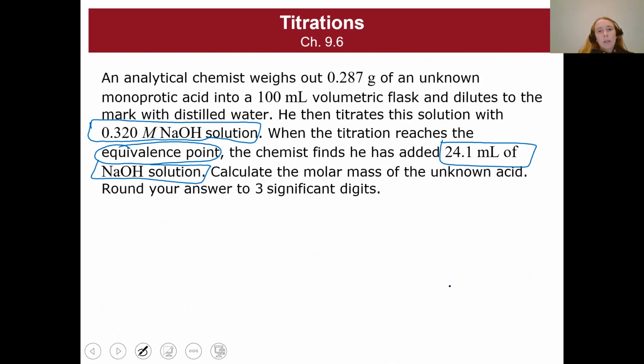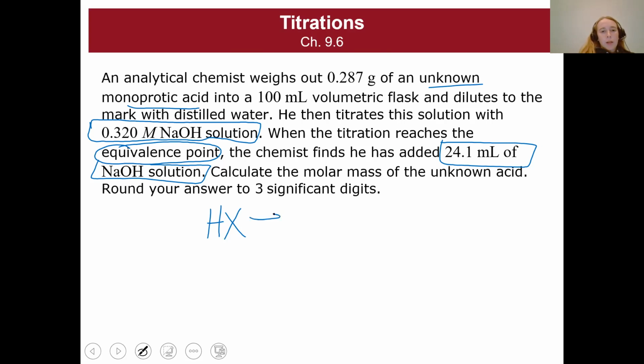So we typically like to start with a balanced equation. We don't know what the acid is, but we do know something about it. We know that it's a monoprotic acid. That means that it only loses one hydrogen ion in solution.